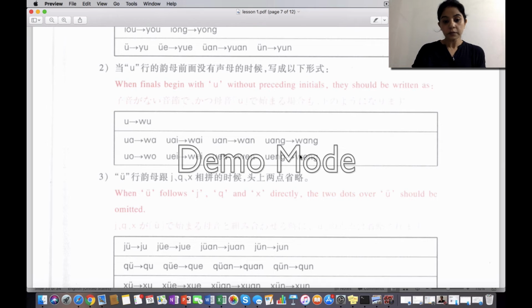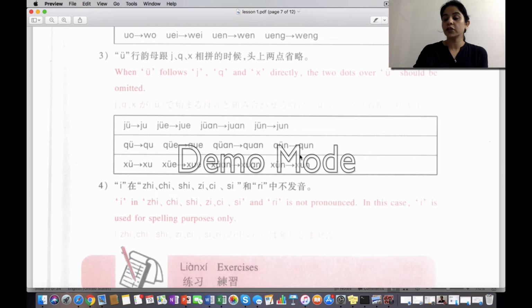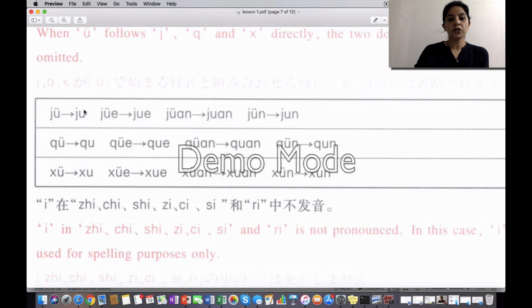The next rule, which again we need to remember: whenever there is a U after J, Q, and X, it's always a special U. For some reason they don't write it as a special U, they write it as a normal U. But we have to remember this when pronouncing words like JU, QU, or XU.